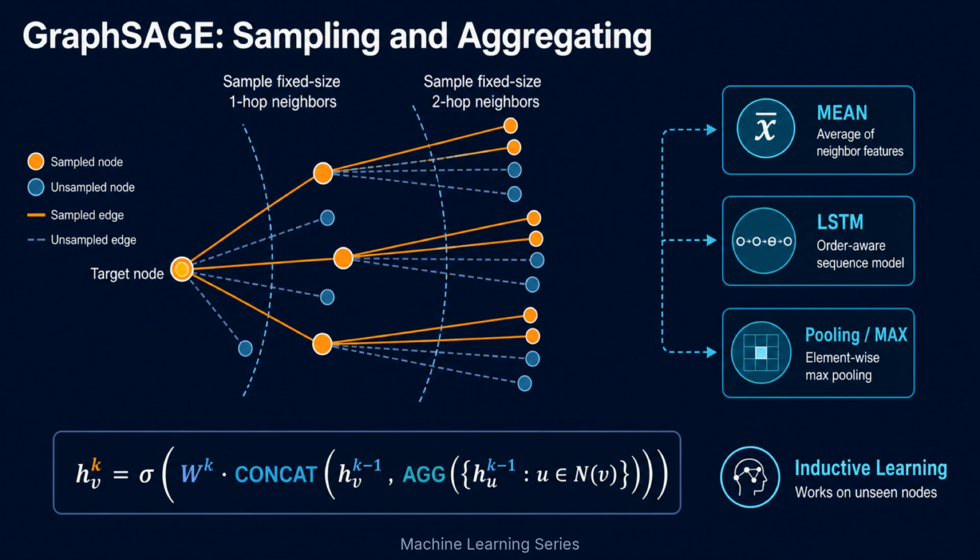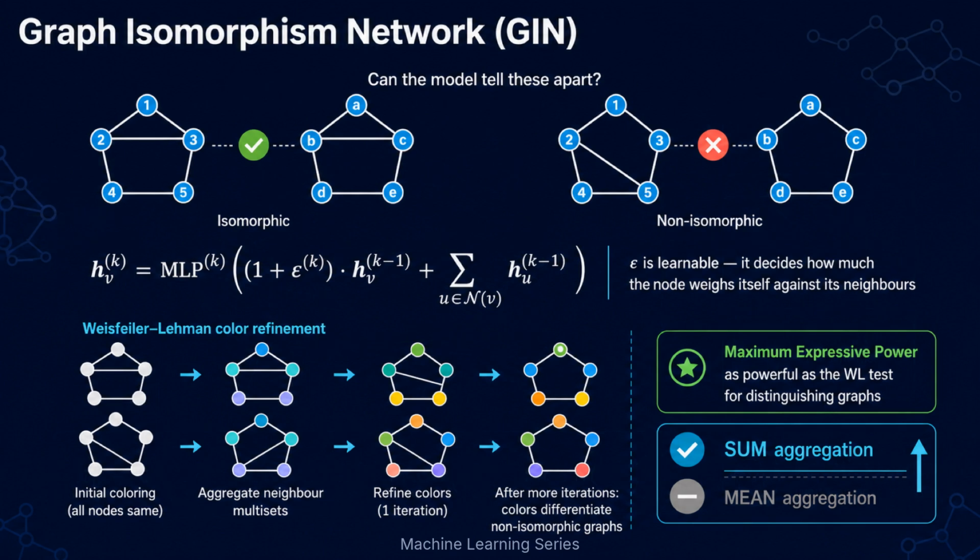GraphSage offers multiple aggregator choices. Mean aggregator averages neighbor features, LSTM aggregator processes them as a sequence, and max pooling applies an MLP then takes the element-wise maximum. The graph isomorphism network, or GIN, is designed with expressiveness as the primary goal. The key question is, what graphs can a GNN distinguish? GIN proves that with proper design, a GNN can be as powerful as the Weisfeiler-Lehman graph isomorphism test, a classical algorithm for distinguishing graphs.